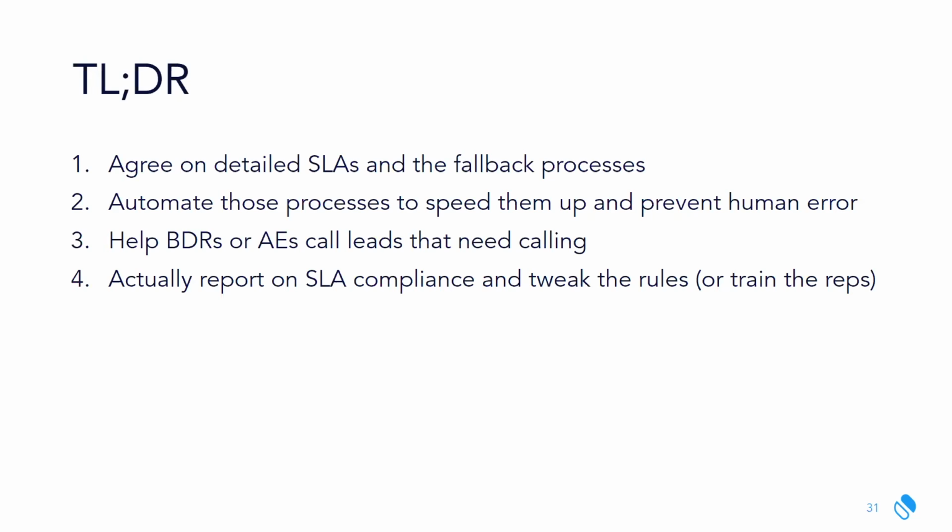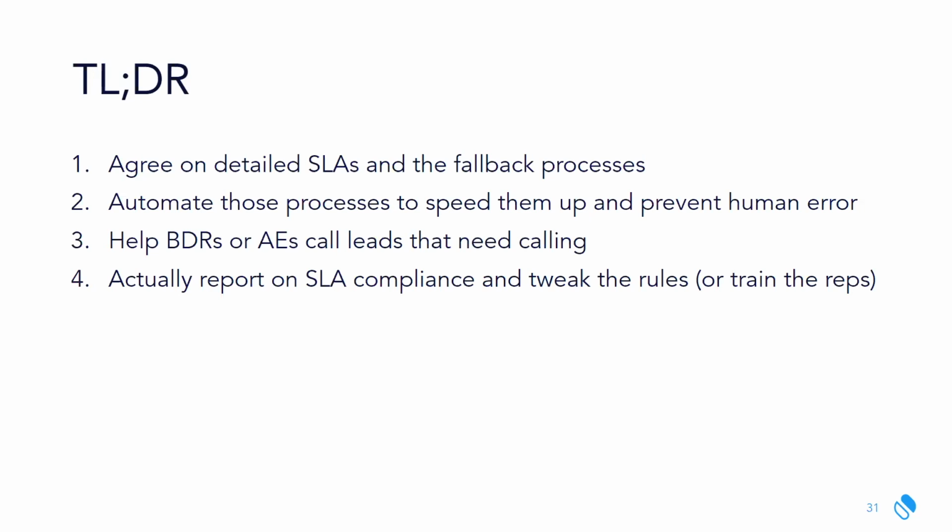TLDR, we have to agree on exactly the details of what our SLA is in terms of who's responsible, what the fallbacks are if the process is not followed, and what is expected of the person who's responsible at every point in the process. Where possible, we want to automate that so that we can help speed them up and prevent human error.